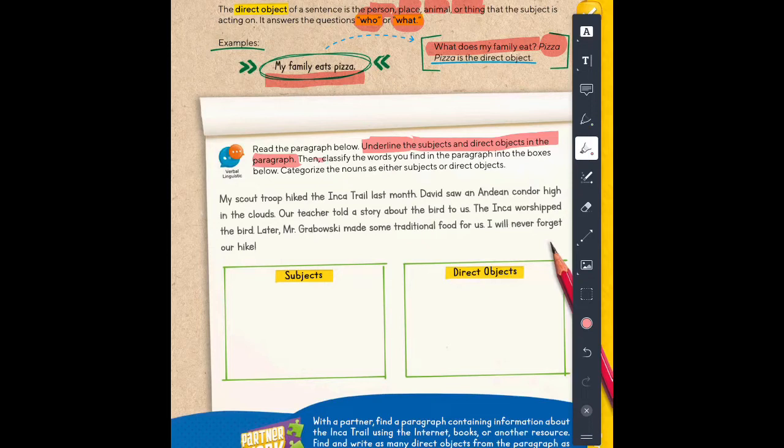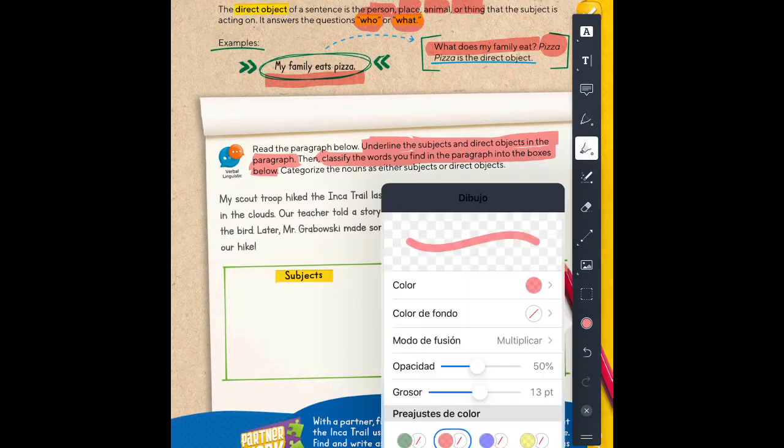Then classify the words you find in the paragraph into the boxes below. Categorize the nouns as either subjects or direct objects. The underline, we're going to do it together here, but then you have to separate them by yourself. Okay, I'm going to choose blue.